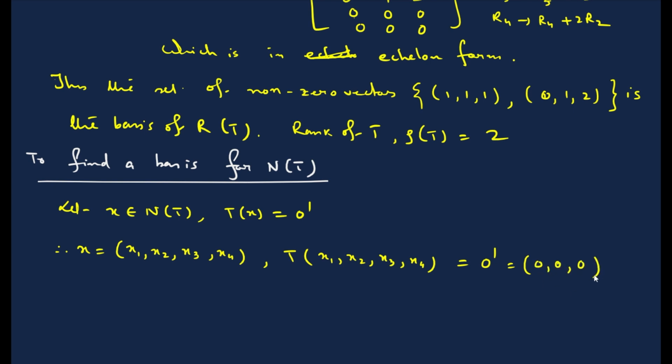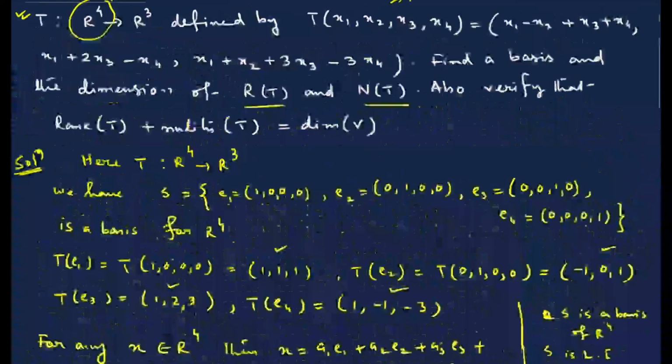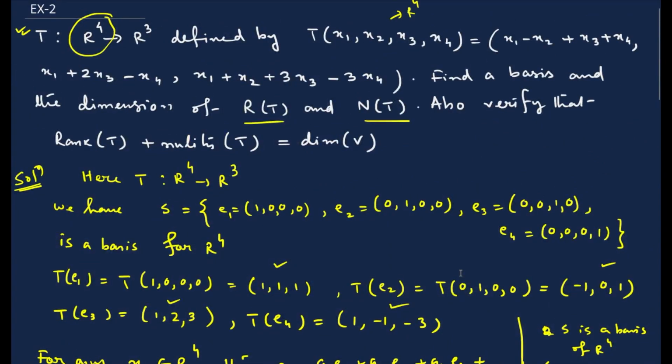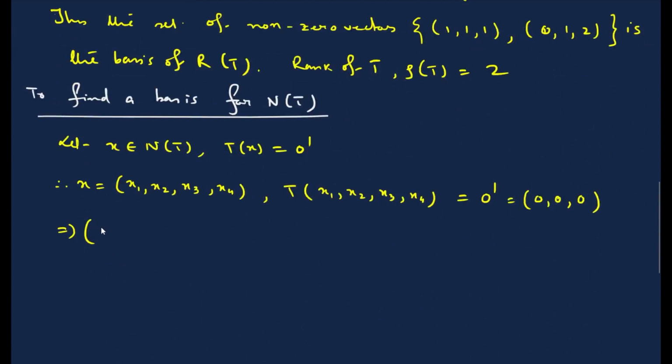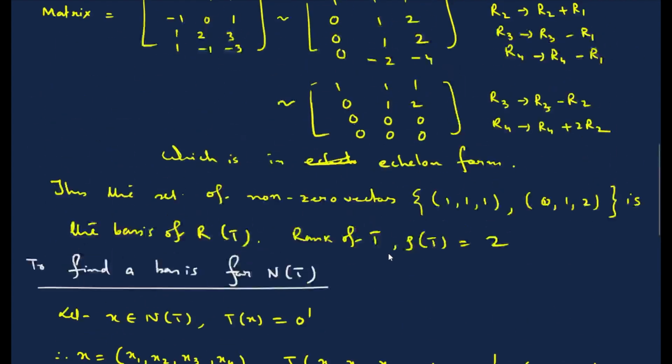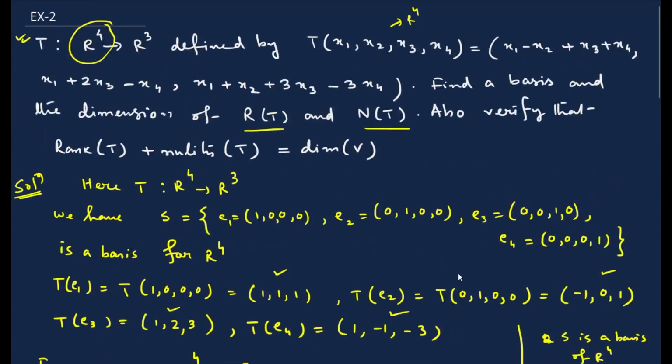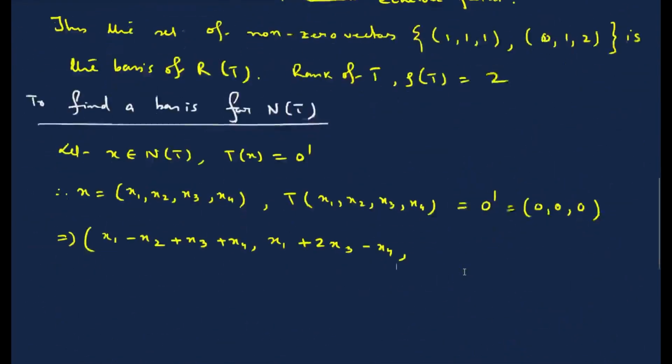So 0, 0, 0. Now this is already given in the question, T of x1, x2, x3. See, x1 minus x2 plus x3 plus x4, that we have to write again. Then x1, 2x3 minus x4. I think x2 is absent. Yes, x2 is absent.